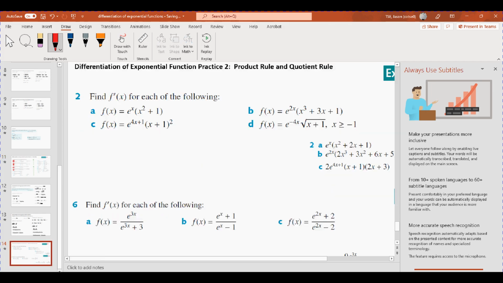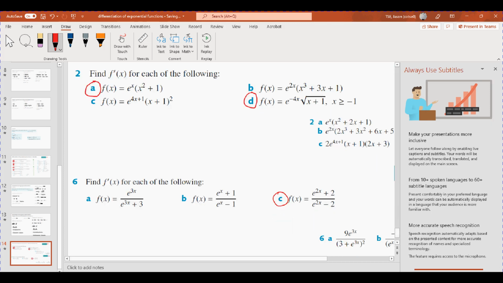For practice 2, product rule and quotient rule, right? I would like you to try this one and that one. And also, okay. Yeah, the quotient rule is pretty difficult, so how about I just do this one? Okay, and you have an answer as well, so you can check whether you are correct.